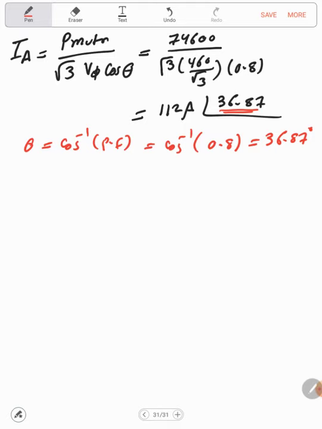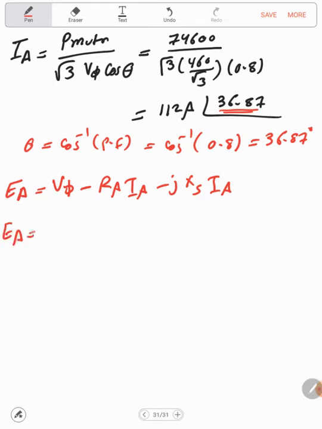So now we can calculate the induced voltage EA. EA equal V phase minus RA IA minus j XS IA.